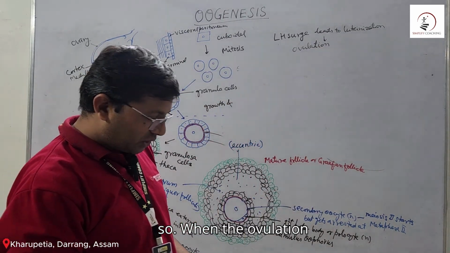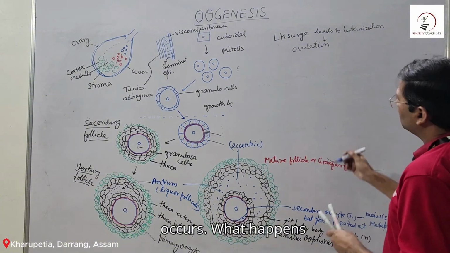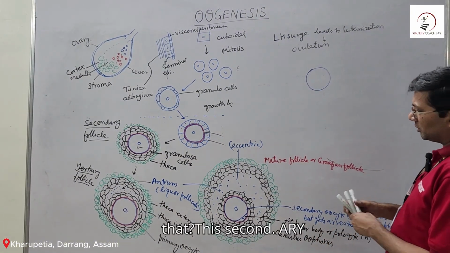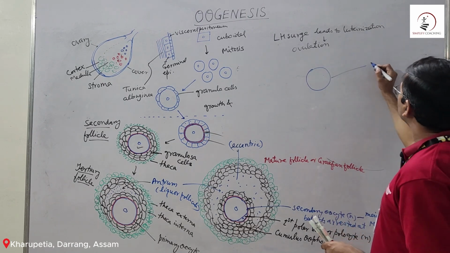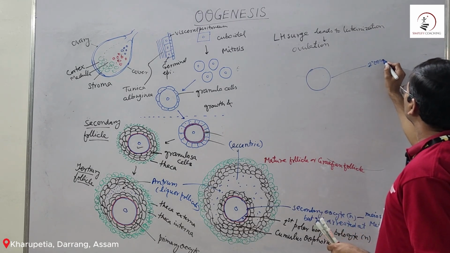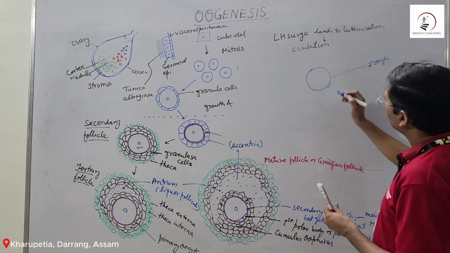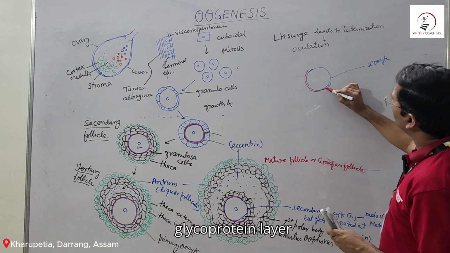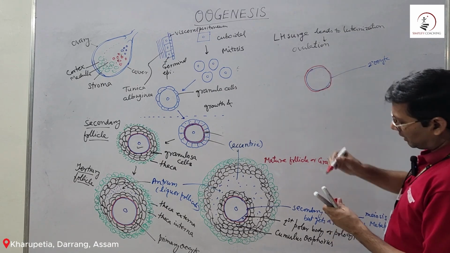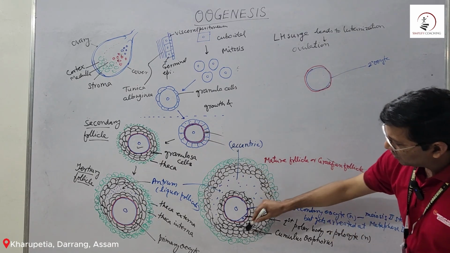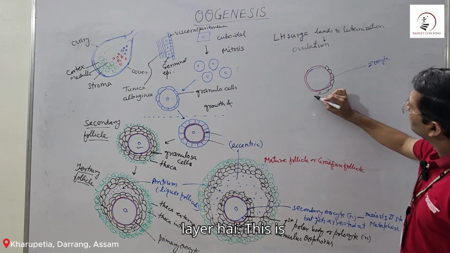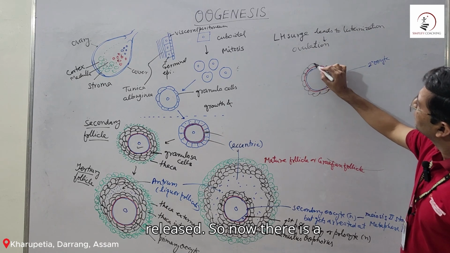So when the ovulation occurs, what happens, that this secondary oocyte which is covered with the zona pellucida glycoprotein layer and these granulosa cells, ये granulosa cells का जो layer है, this is released.